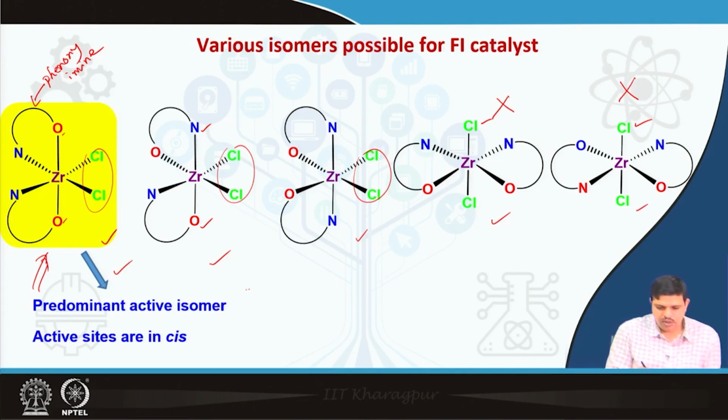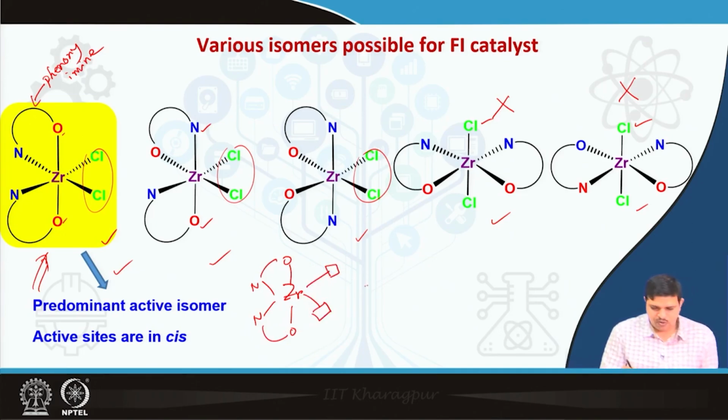And why do you need the active sites to be cis? If you recall the polymerization mechanism, you use the co-catalyst, as an example MAO.